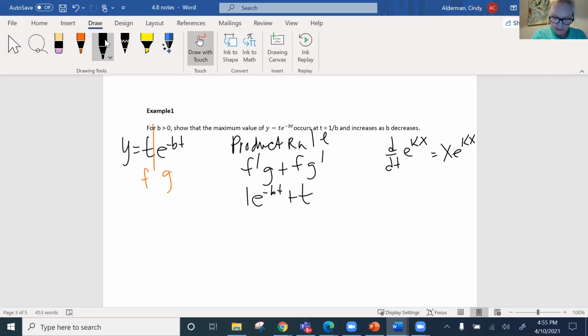So we've got t, and then the derivative of e to the negative bt would just be negative b would come up front, e to the negative bt.